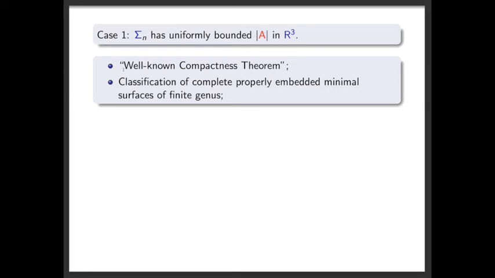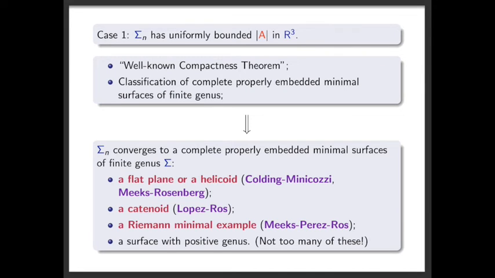In the first case, when this is bounded, we have nice compactness results that I already talked about. And then we can use the classification of complete properly embedded minimal surfaces of finite genus to say the following.